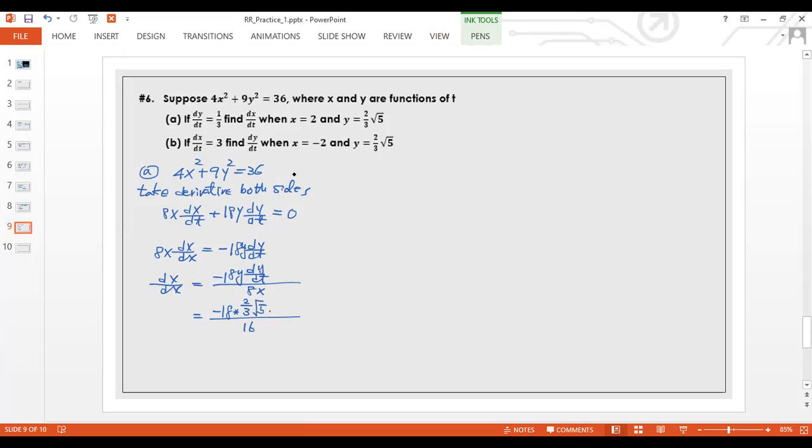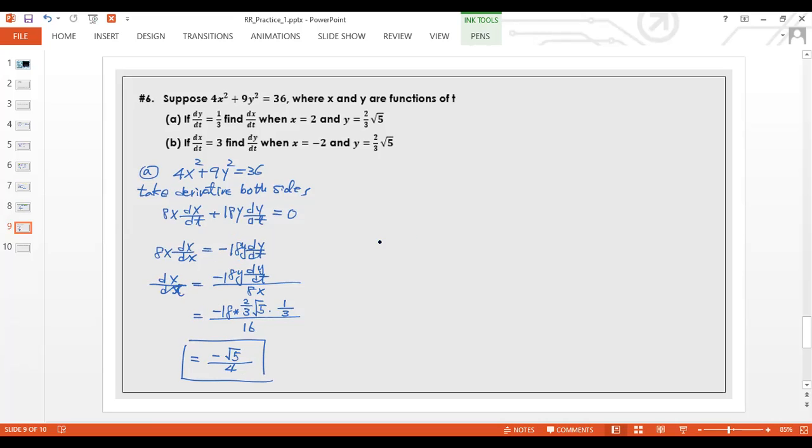What is dy/dt? It is 1/3, right? So if you simplify this, this will give you negative square root of 5 over 4. So that means dx/dt is decreasing, right?